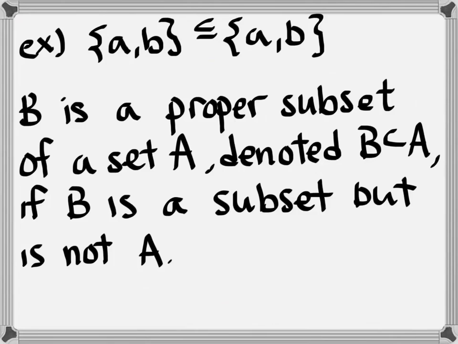And we actually come up with a new definition, which happens to be proper subset. So a proper subset of a set B is denoted with the symbol ⊂. Notice that it almost looks like the subset symbol, except we don't have that bar underneath. A proper subset is a subset that is not the set itself.